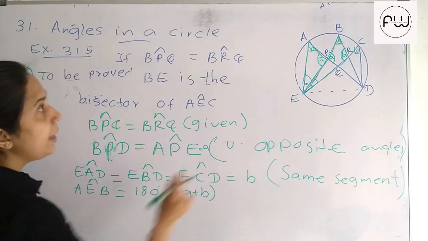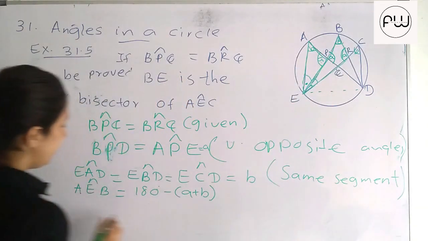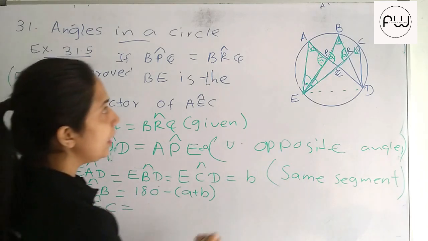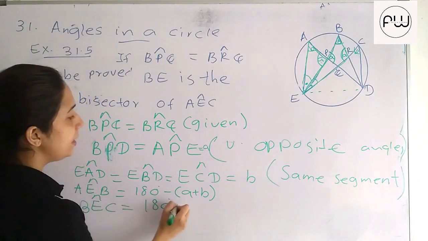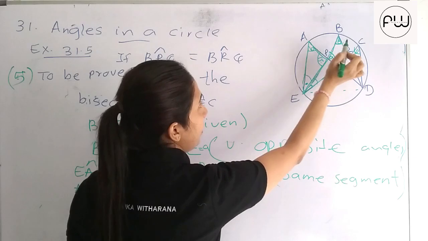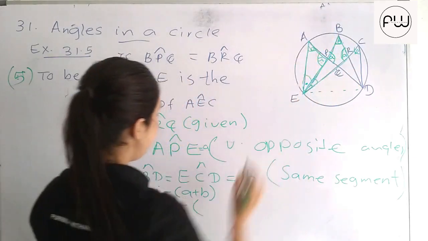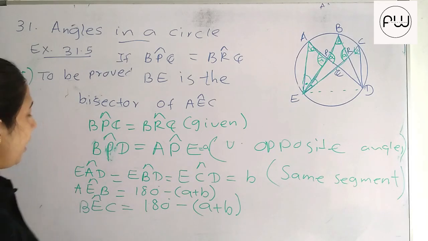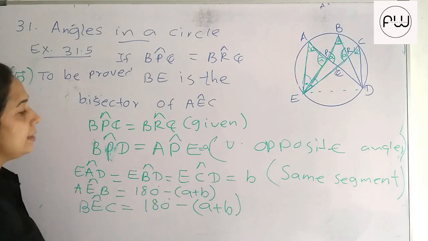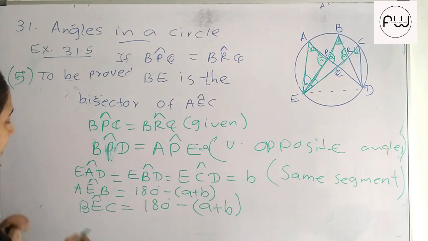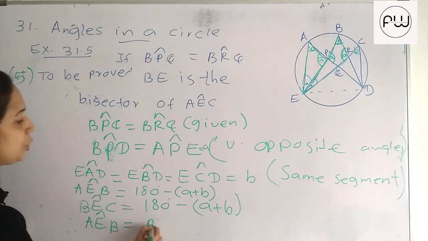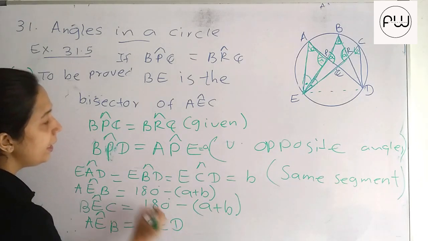Then we can write angle BEC equals 180 minus (A plus B). Now what happened? This side is equal. Therefore angle AEB equals angle BED.